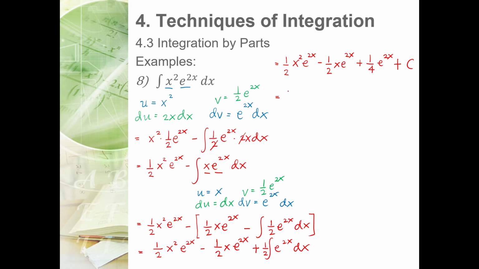Or if you want to group them together, grouping all the e to the power of 2x together, this becomes e to the power of 2x times 1/2 x squared minus 1/2 x plus 1/4, plus c. So both are correct.